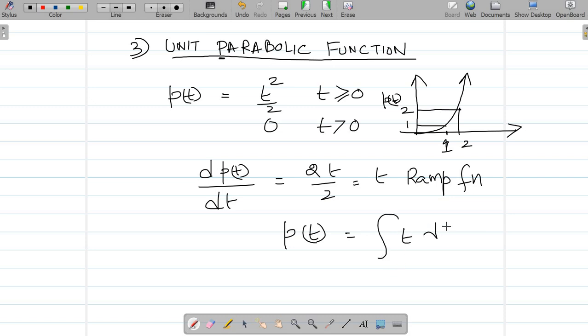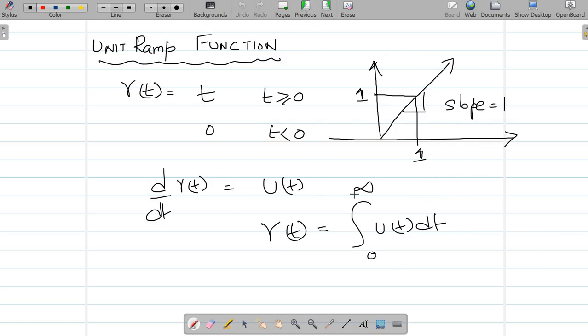When you integrate the ramp function with limits 0 to t, you end up getting t squared by 2, which is the parabolic function from the ramp function. So let me go back and do some changes here also. Let me erase this and put t.